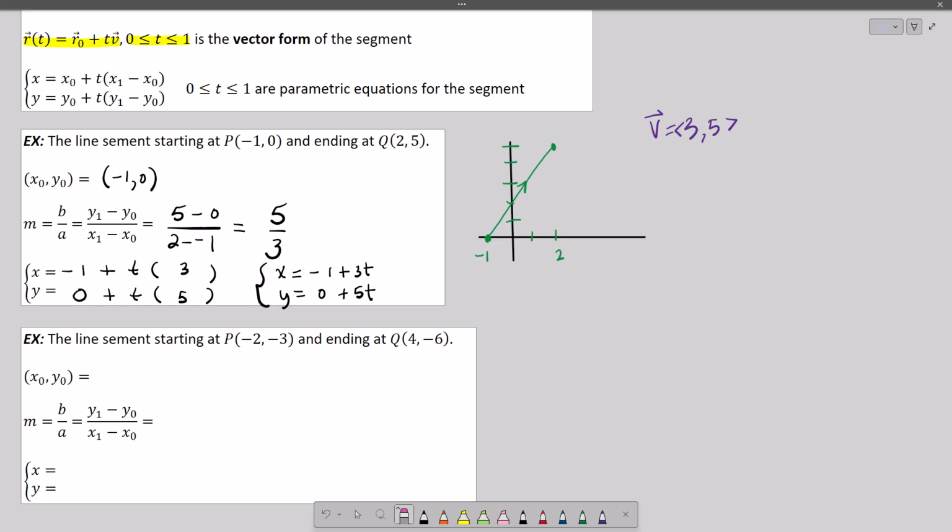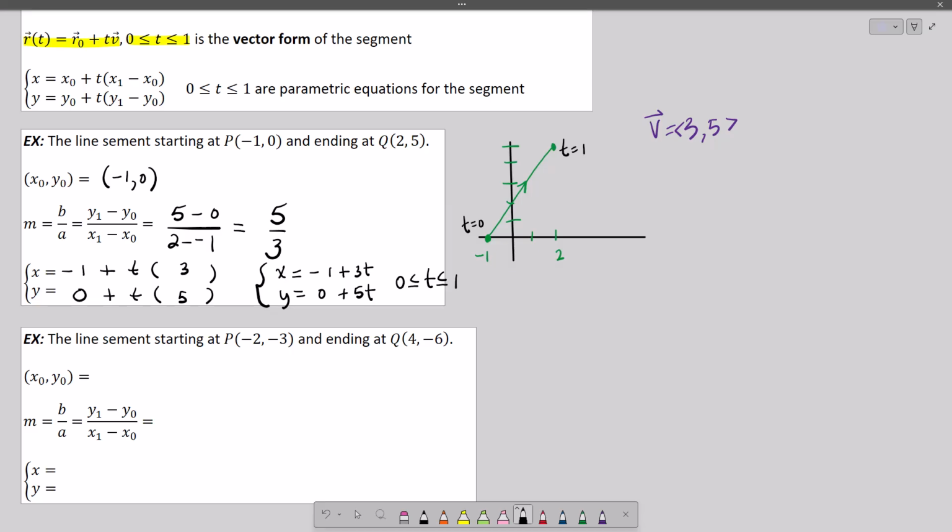Let's write it this way. And here we want to include both endpoints. So let's check. When you plug in t equals 0, you're at -1, 0 right there. So that checks. When you plug in t equals 1, you're at 2, 5, which is right here. So that'll be our domain for these parametric curves.